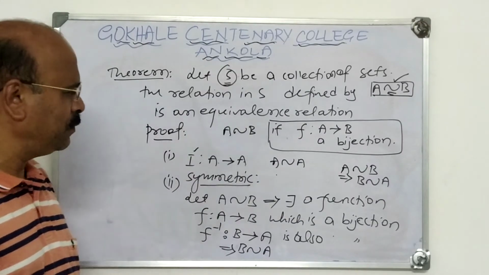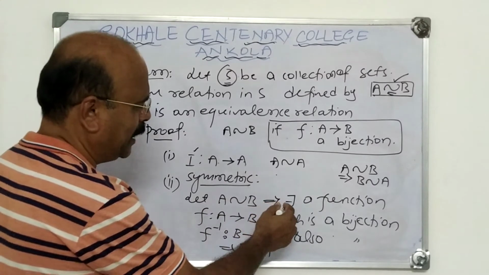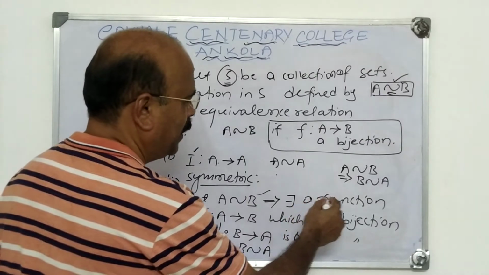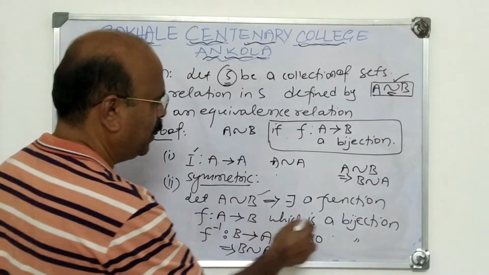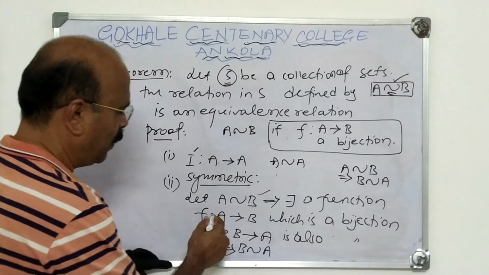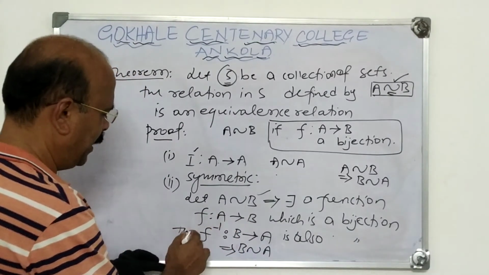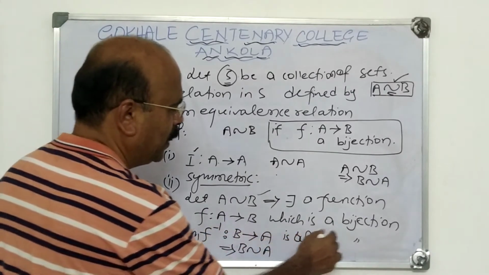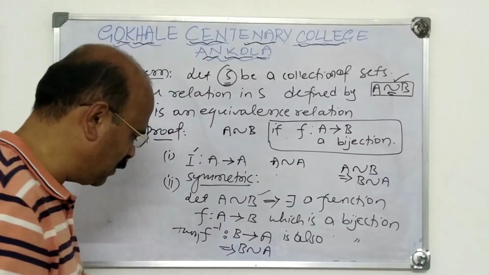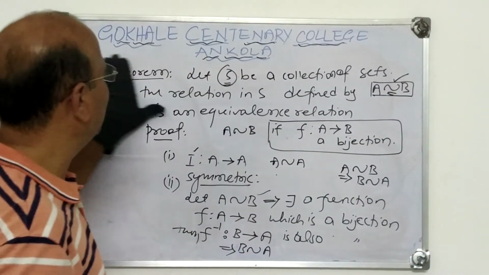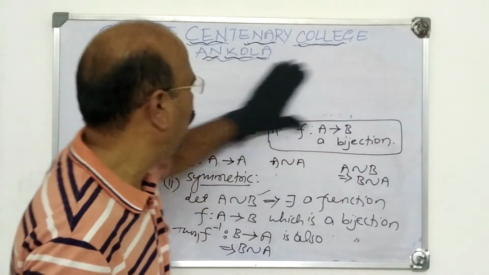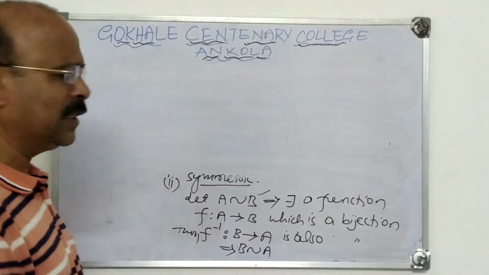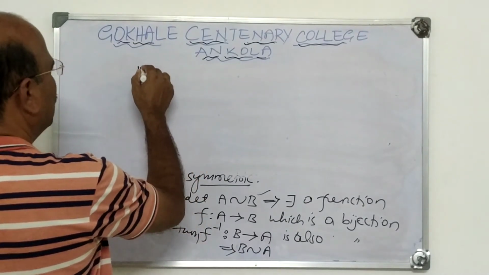But in this theorem, the important thing is if you write like this, it is sufficient. Suppose A is equivalent to B. There exists a function f from A to B which is a bijection. If f from A to B is a bijection, then f inverse exists. It is a function from B to A, and it is also a bijection. Therefore, B is equivalent to A. Hence, the relation is symmetric. Now, it remains to prove that this relation is transitive.